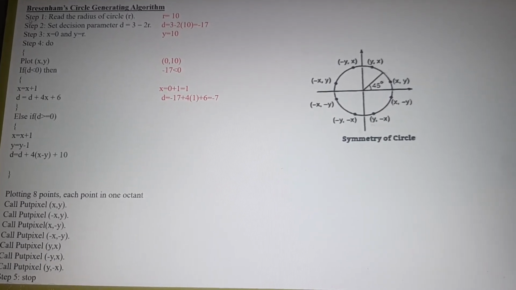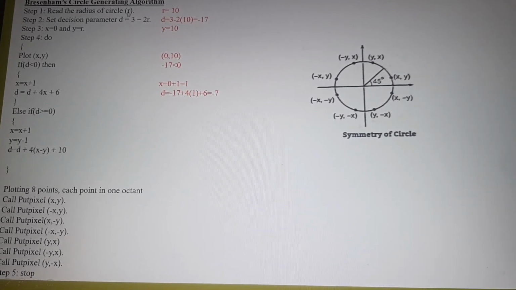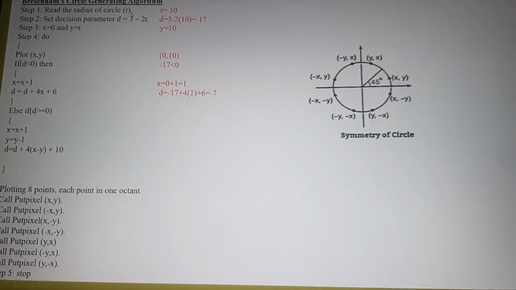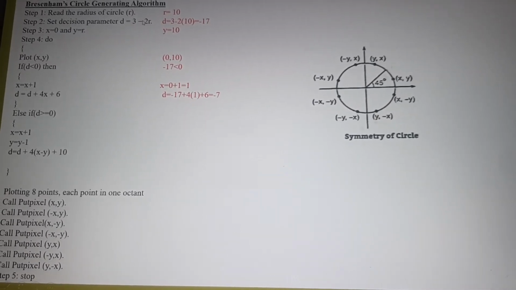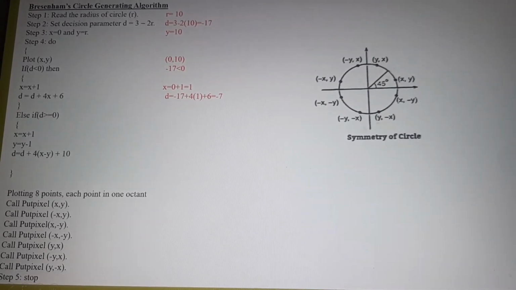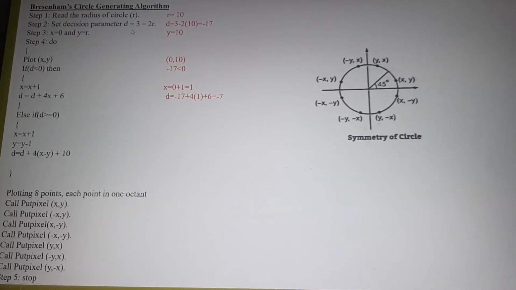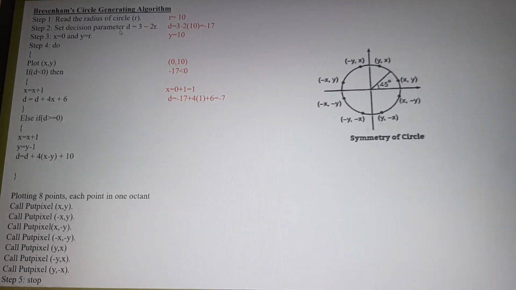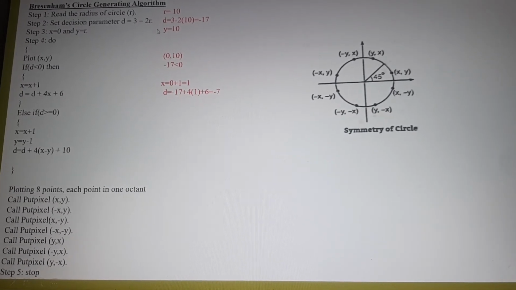In this algorithm, step 1 is read the radius of the circle r. We have to take the value of the radius of the circle from the user. Second step is set the decision parameter, calculated as d equals 3 minus 2r.